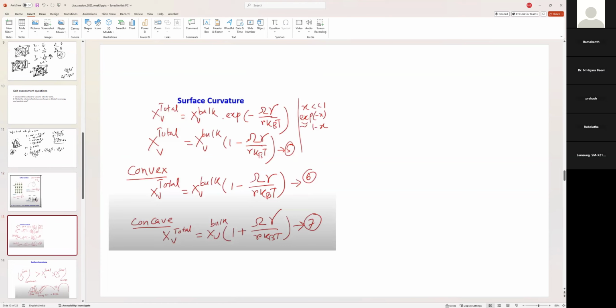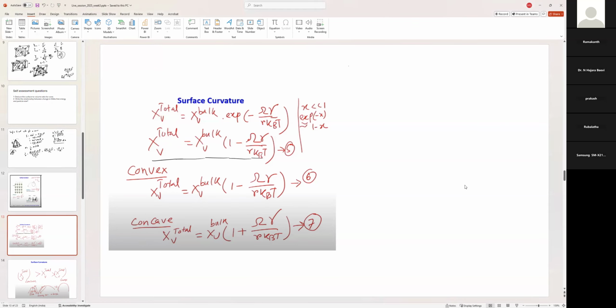Next, he calculated the vacancy concentration depending on the curvature. I won't go into the derivation. This is the formula you get.